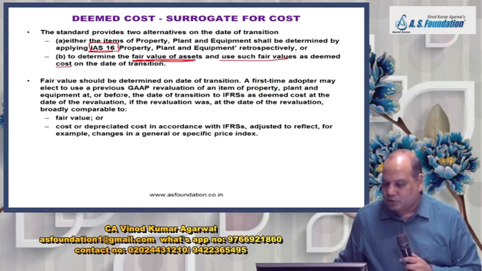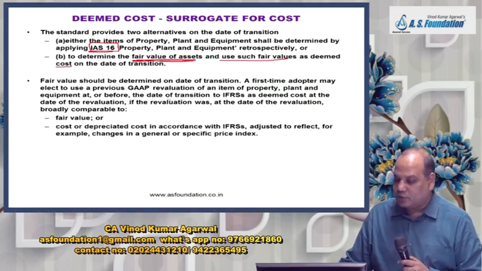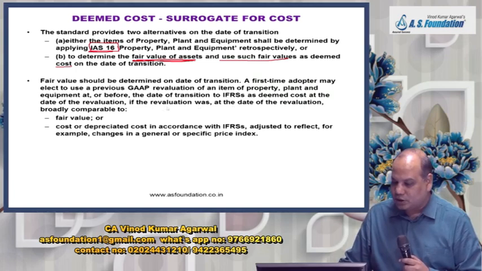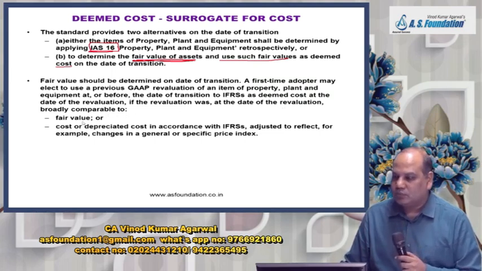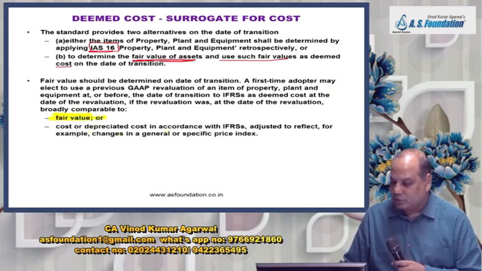That means if earlier you were following the revaluation model, the previous GAAP revaluation of an item of PPE at or before the date of transition to IFRS is deemed cost at the date of revaluation, if the revaluation was at the date of revaluation broadly comparable to fair value, or cost or depreciated cost in accordance with IFRS adjusted to reflect, for example, changes in general or specific price index.